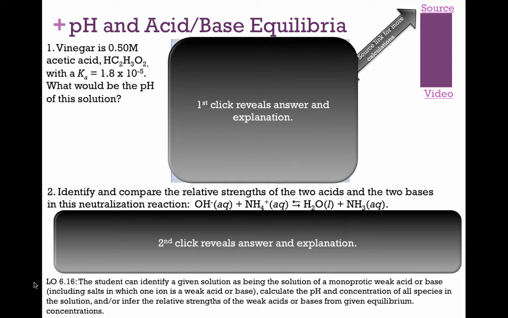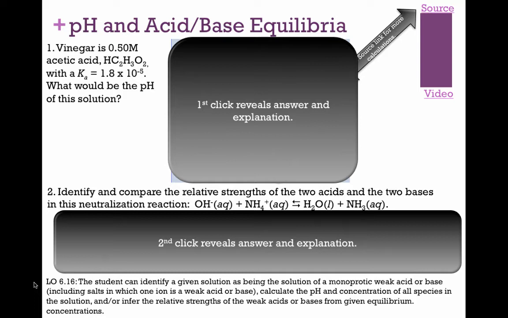Vinegar is 0.50 molar. We don't have any products. So, do we know the change? X. Minus X. What about these? Because now these are our equilibrium amounts. And what else are we given? Ka. So 1.8 times 10 to the negative fifth.